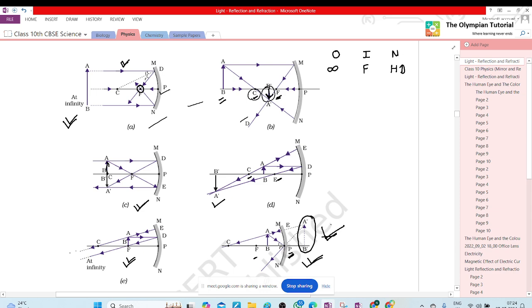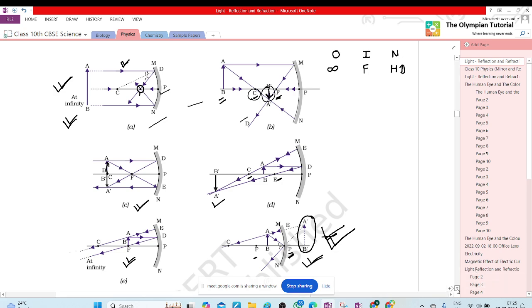If they are asking why concave mirror is used in headlight of car, then we will make this diagram because all rays converge at a point. For dentist we make this diagram. So we have to read the question carefully, which condition is possible there. According to that we will make the diagram.